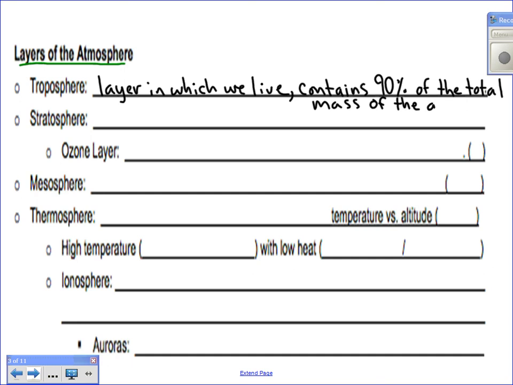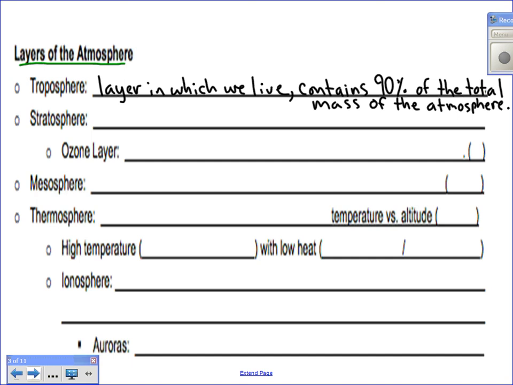That's because it's very dense near the surface, with more particles being pushed down and forced together. So that is the troposphere, the area in which we live.